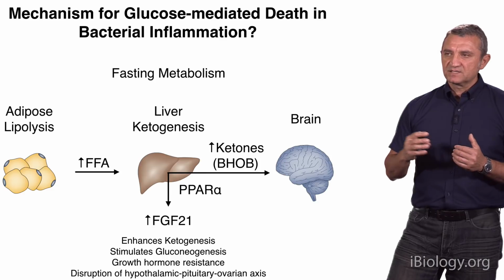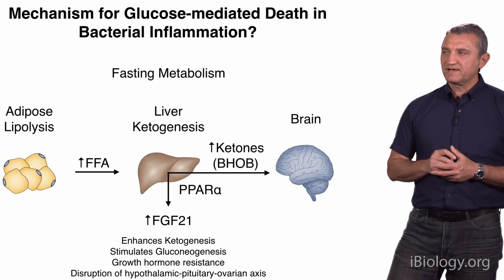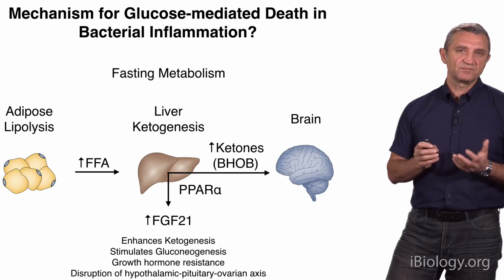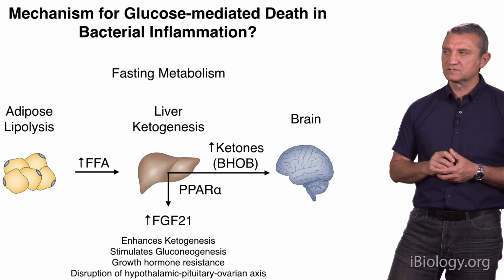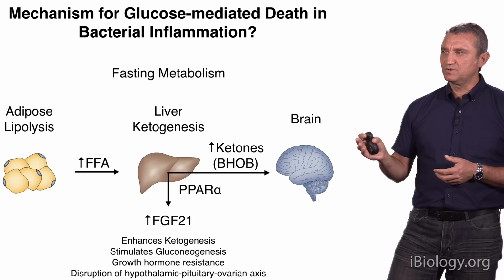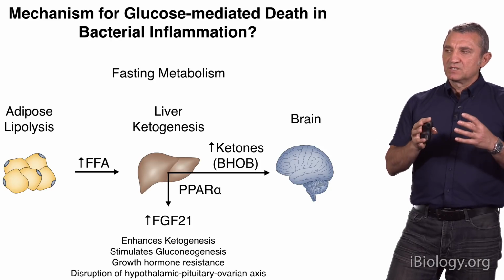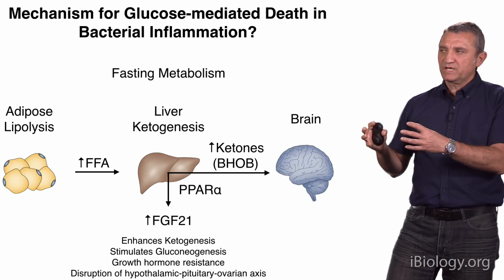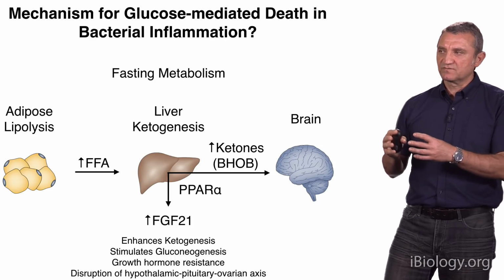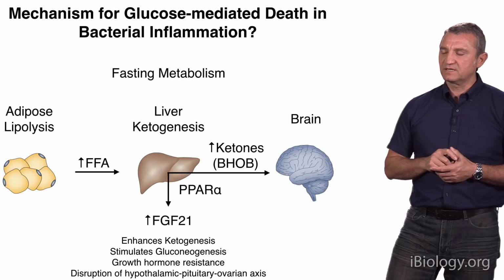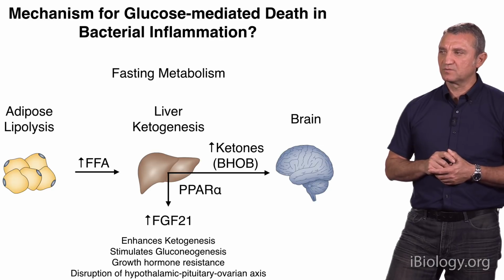Then if fasting is prolonged, some fatty acids go into the liver and are converted into a different metabolite called ketones, such as beta-hydroxybutyrate, or BHOB here. This fasting metabolic switch into ketogenesis, production of ketones, is controlled by a nuclear receptor called PPAR alpha.